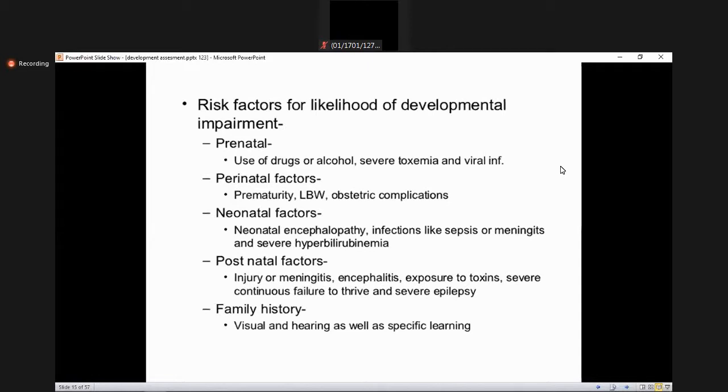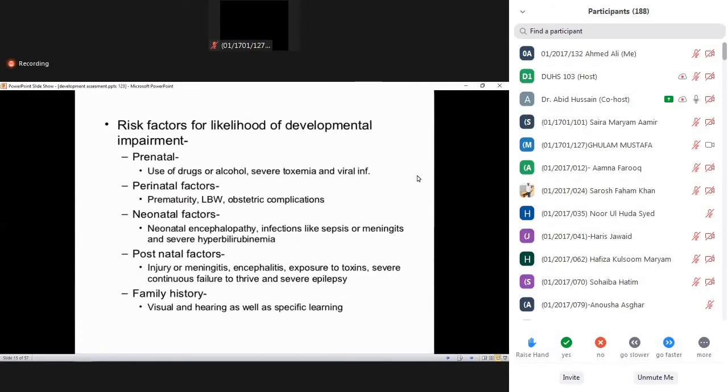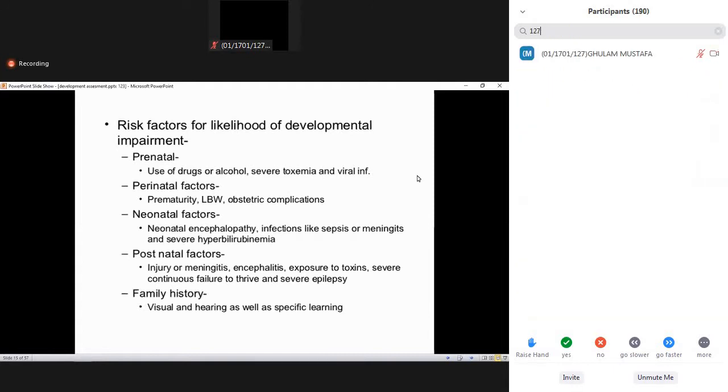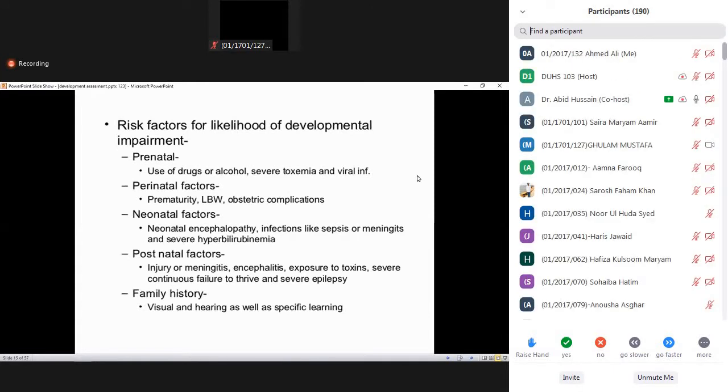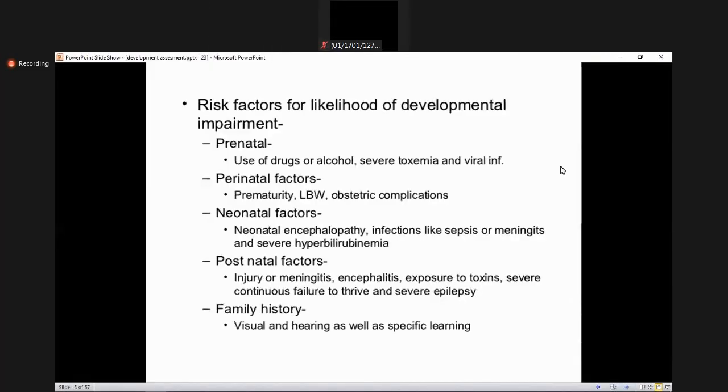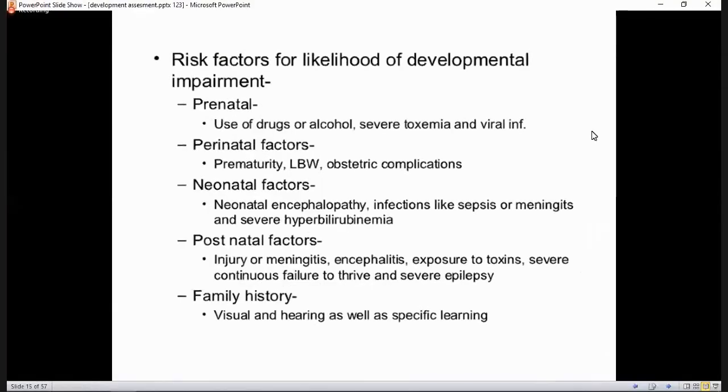In the perinatal factors, there can be low birth weight, prematurity, and other obstetrical complications. In the neonatal factors, neonatal encephalopathy, infection like sepsis, meningitis, or kernicterus, which can be secondary to severe hyperbilirubinemia.